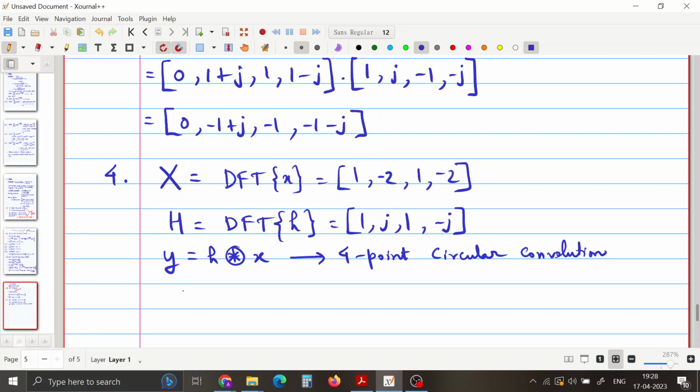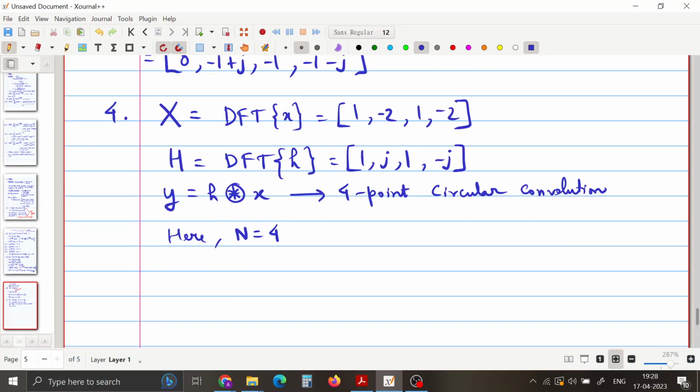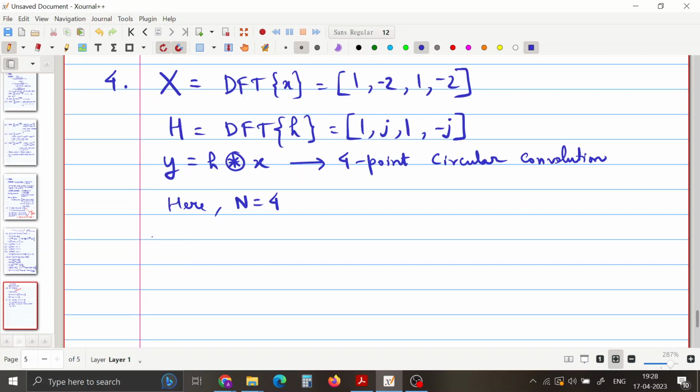So clearly here N is 4. Alright, so in part A we need to find the DFT of this.